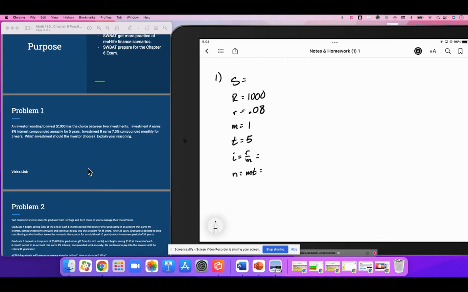So we've got our R over M is 0.08 over 1, so that's going to be 0.08. And MT is going to be 1 times 5, so 5. And the compound interest formula is this. All right, and I'm going to get Wolfram up and ready to go for us.